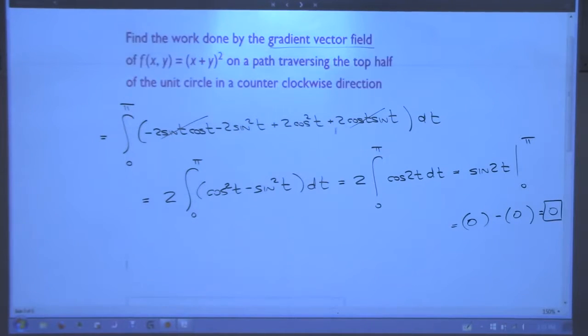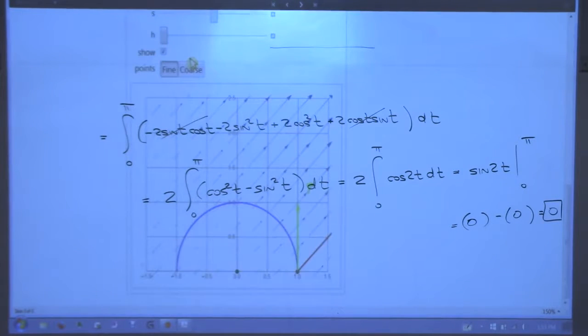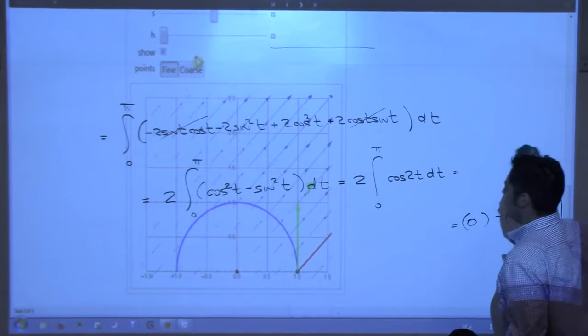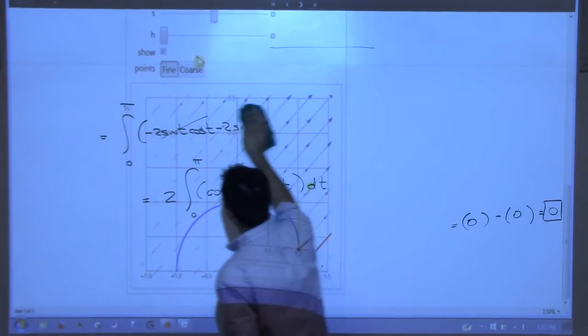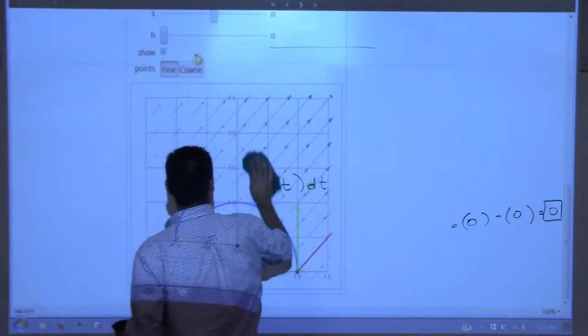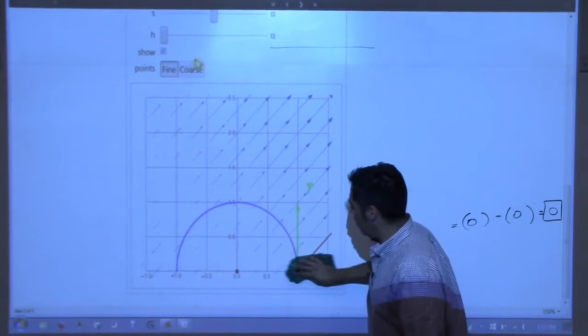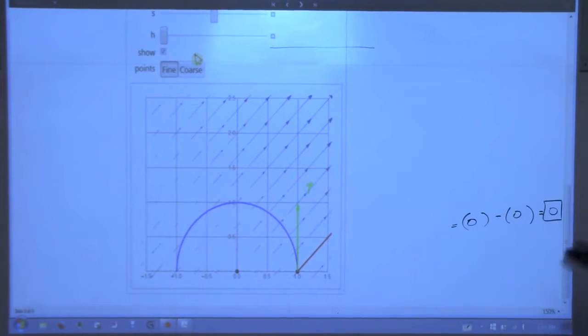If you look at the geometry of the problem, okay, the vector field is drawn here for you. And we're moving along this unit circle in the counterclockwise direction. Just take note of, as we move this around, right now, is my work positive or negative?